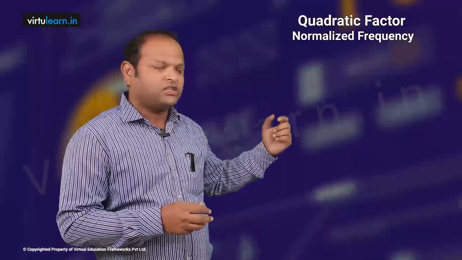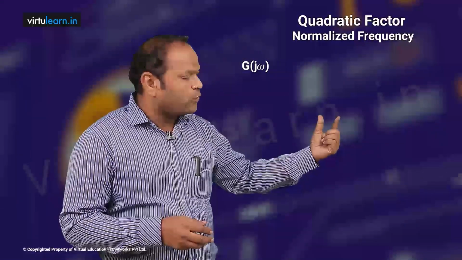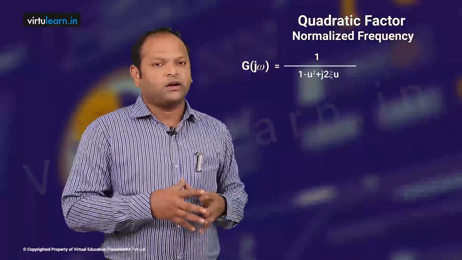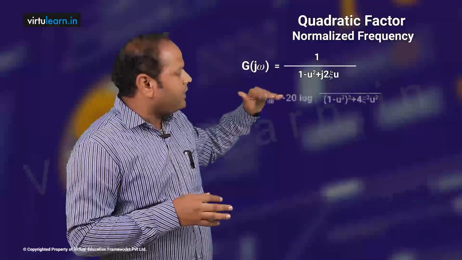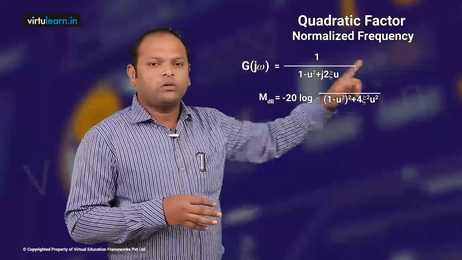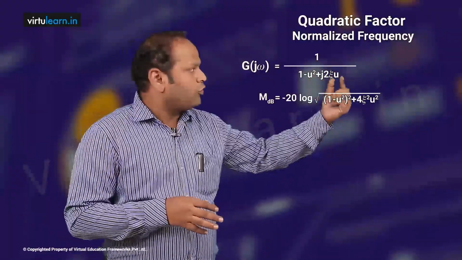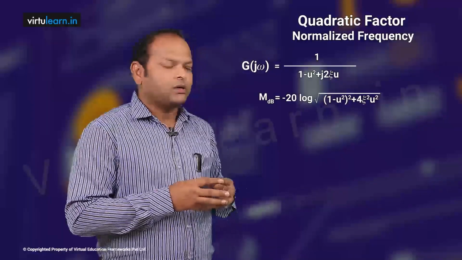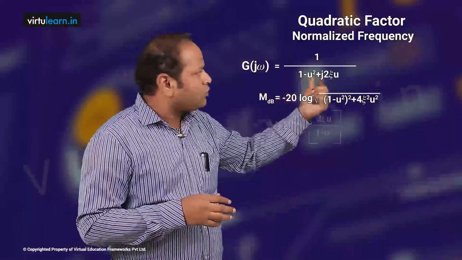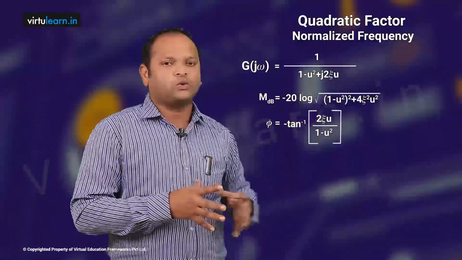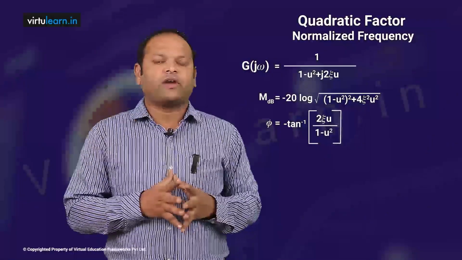G(ju) = 1 / (1 − u² + j2ζu). Then what is the magnitude M dB? M dB = −20 log √((1 − u²)² + 4ζ²u²). And the phase angle is minus tan inverse of 2ζu / (1 − u²). This is the M dB expression, and this is the phase angle expression for the quadratic factor.